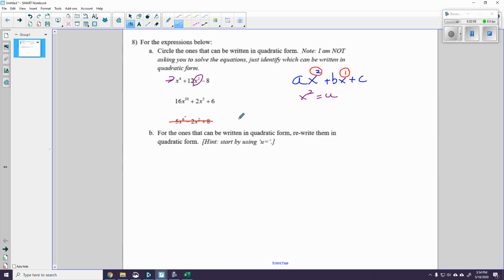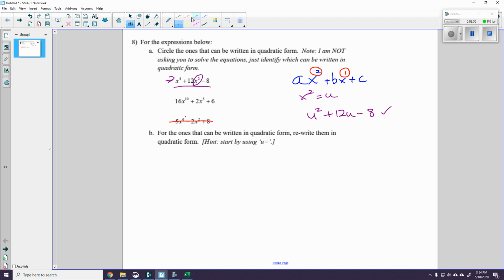Once I do that, I can rewrite this as u squared, because that would be x squared squared, or x to the 4th, plus 12u minus 8. And there we have the expression, and now it's written in quadratic form.